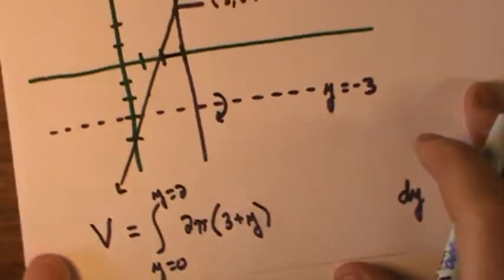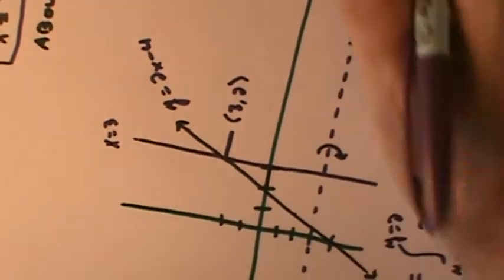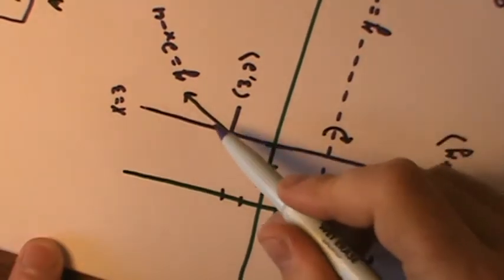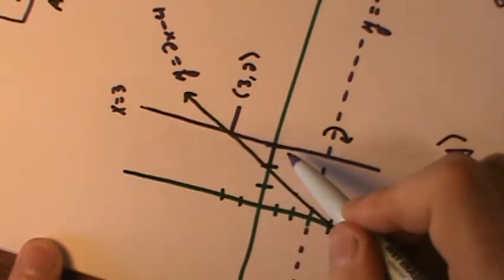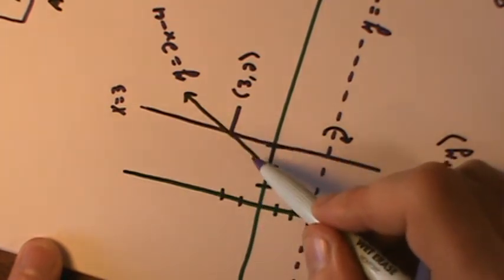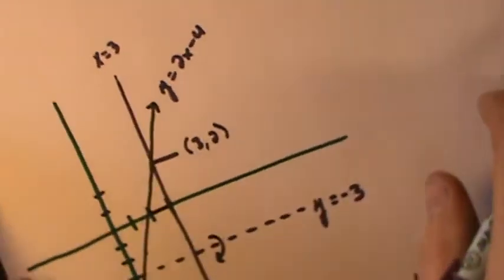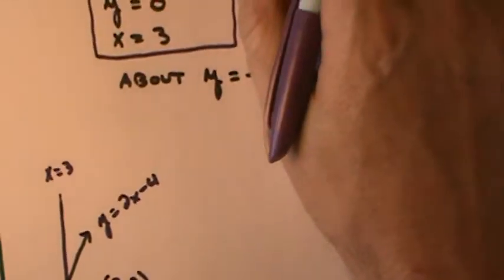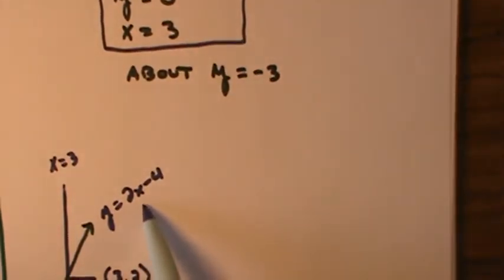And then that height, once again I'm looking at this, the height would be that vertical line minus the slanted line. So it's going to be 3 minus whatever this line is in terms of y. Now I do have to do a little bit of math up here because this has to be in terms of y.